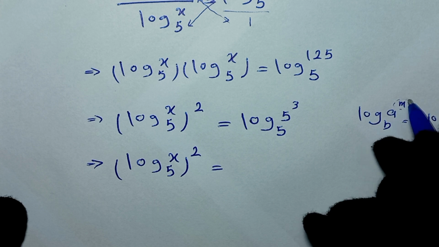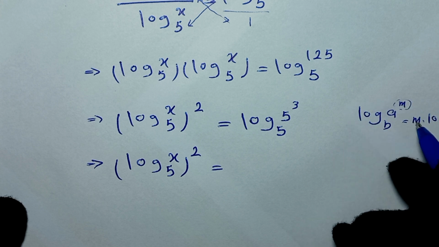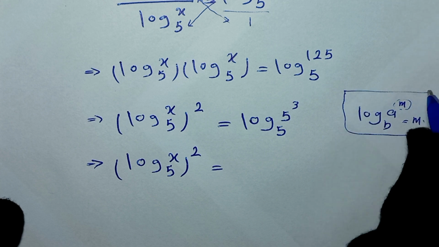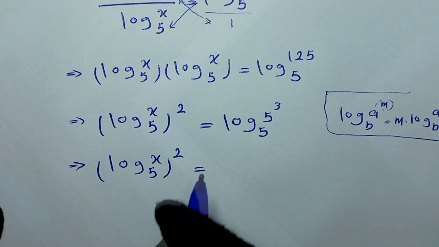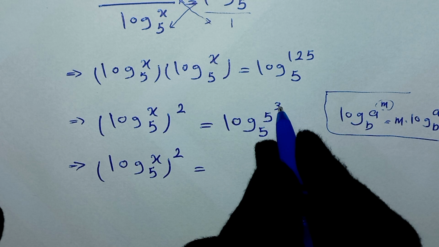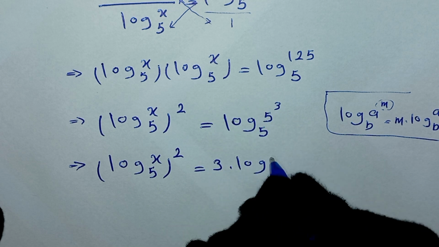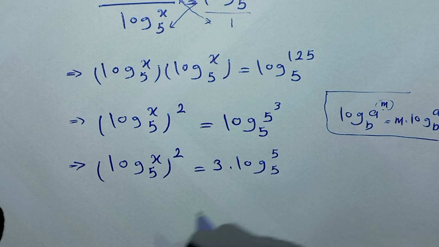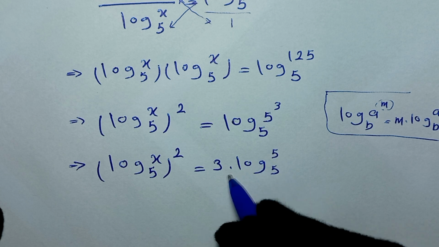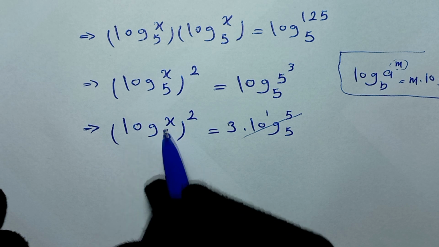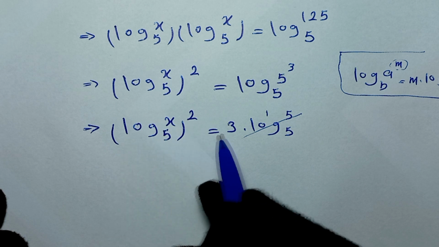We can take this m outside of this log. So in here, we can take this 3 outside of this log, so it will be 3 times log of 5 to base 5. And log of 5 to base 5 is equal to 1. So we have log of x to base 5 to the power of 2 is equal to 3.